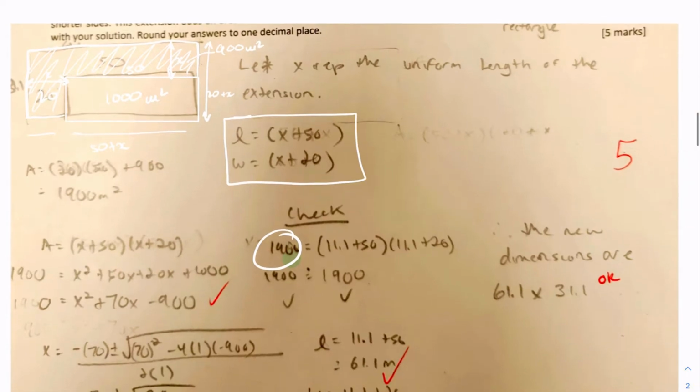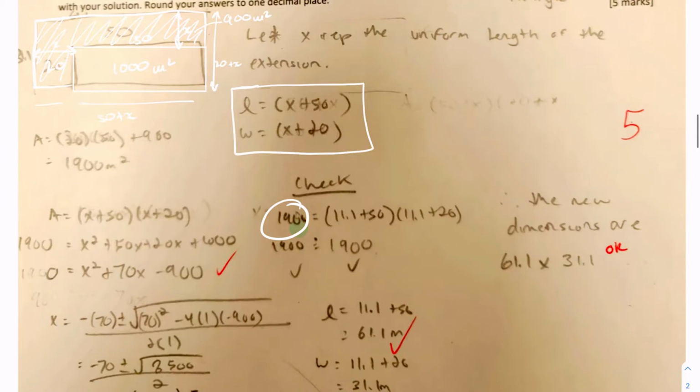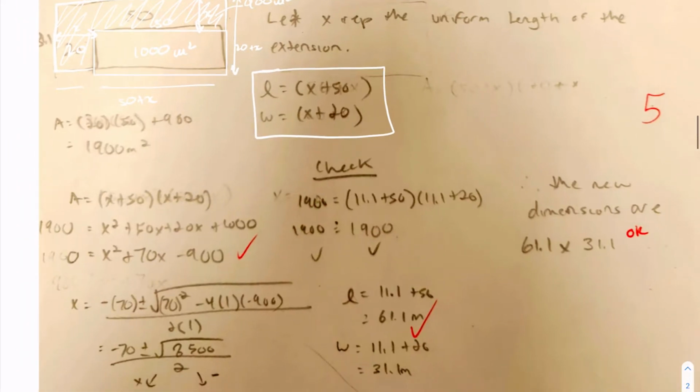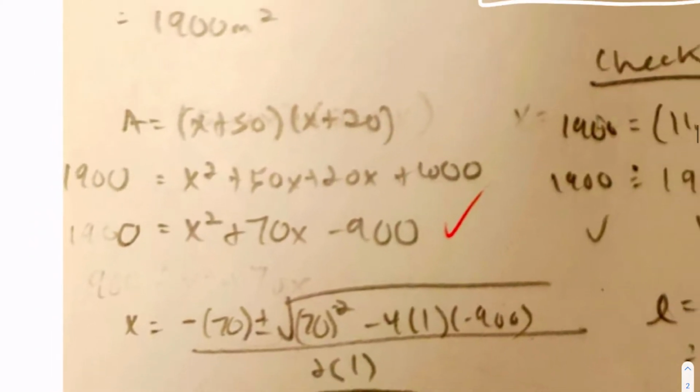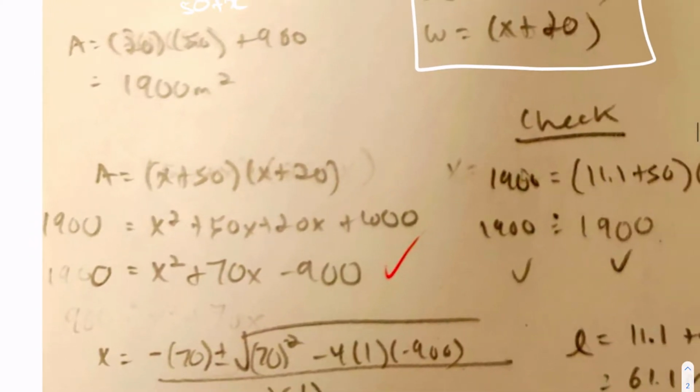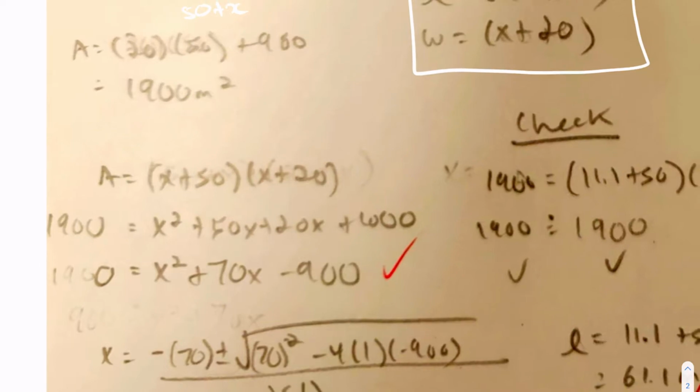And in particular, let me go over here, because this is where the expression is. I can now create an expression for that new area. I have 1900 on my left side, and the dimensions of the extended rectangle on the other, and they must be equal.